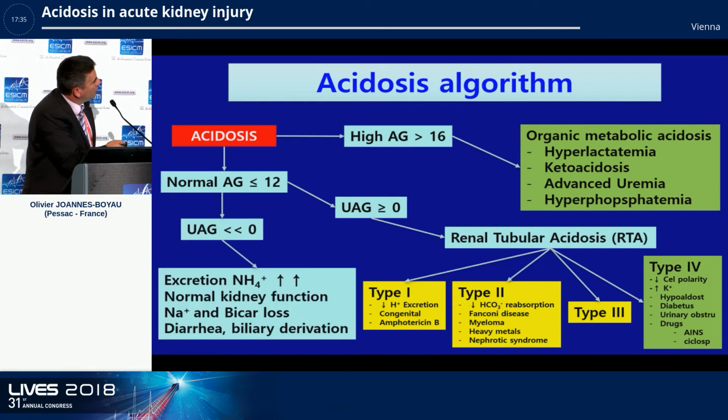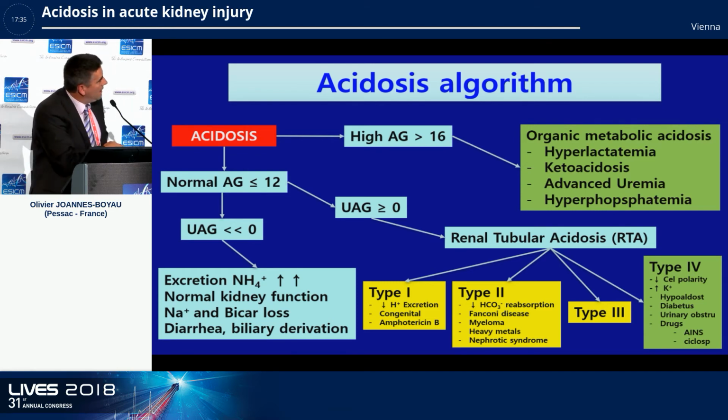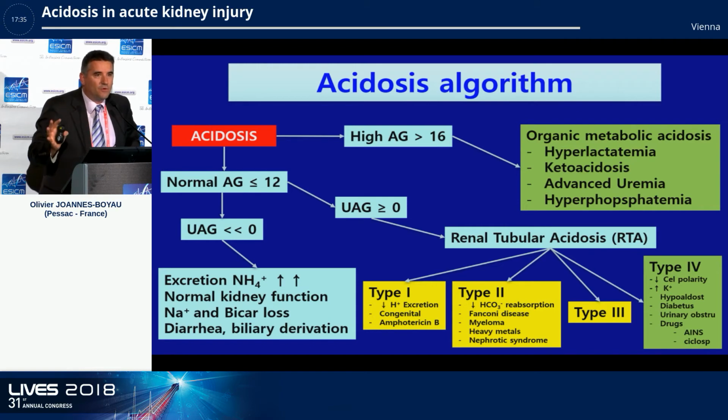And if your urinary anion gap is very negative, the kidney is able to excrete ammonium ion. And the kidneys still have a quite normal function in some part where ammonium is able to be excreted. It's more due to sodium and bicarbonate loss, Stewart and Anderson.